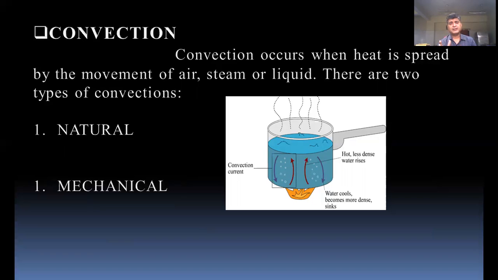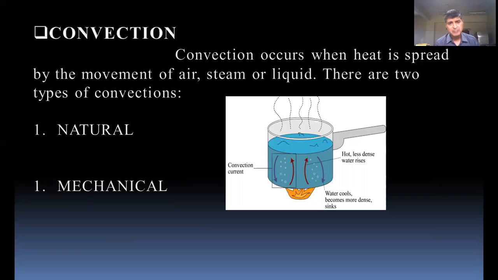Means, in the picture also it is clear, if we are boiling water, hot water molecules will rise up and cold water molecules will settle down, and this will continuously move on.